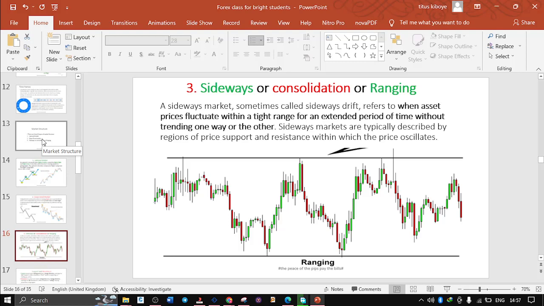If you see it ranging, stay away. You can close the terminal and do other things. Now wait until it starts to break off the range. It may break off the range to the upside or to the downside, depending on which side won the war.